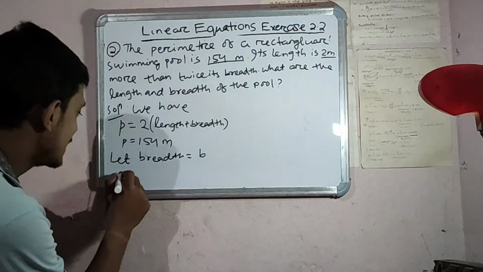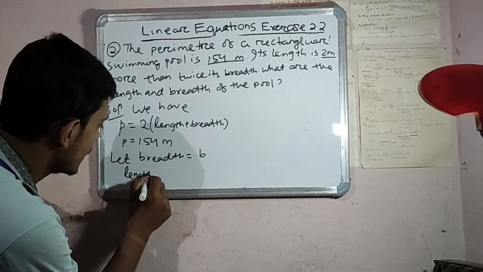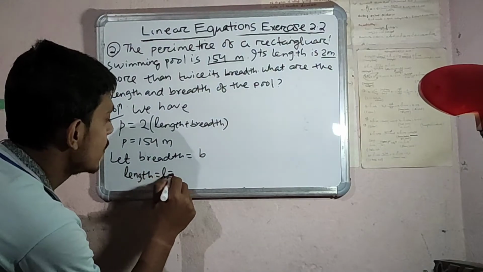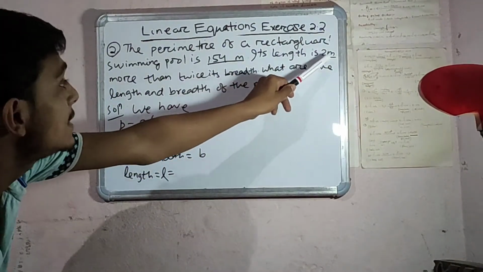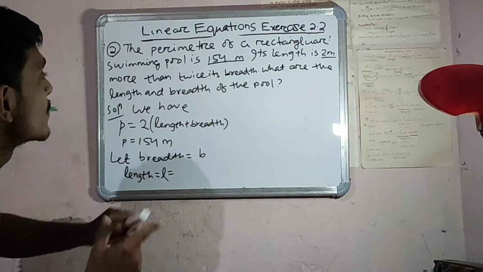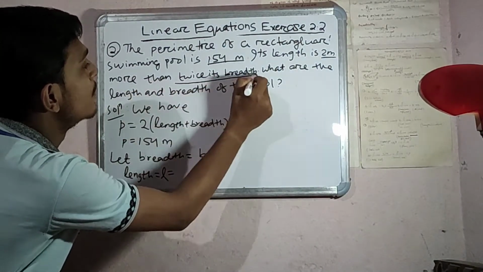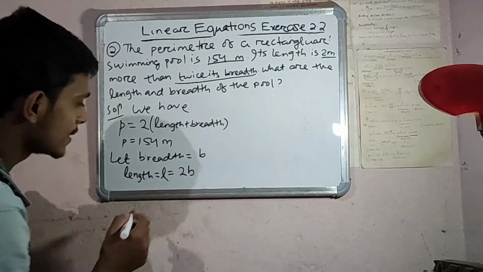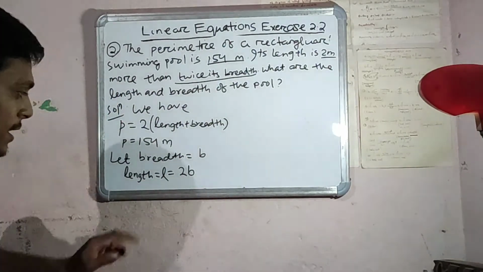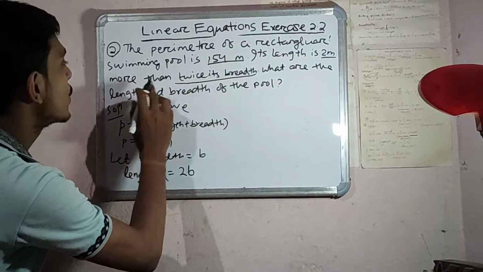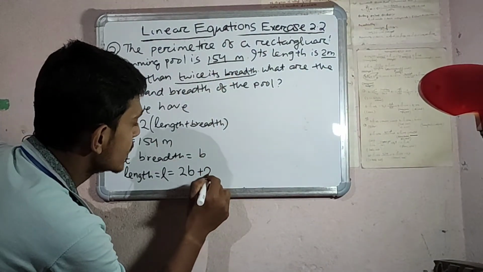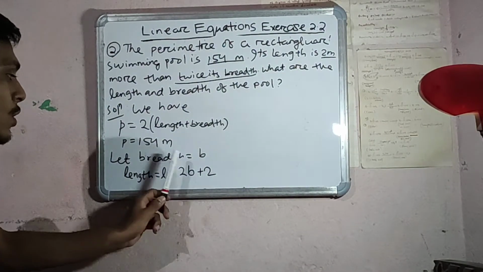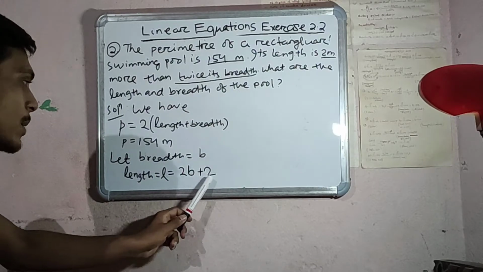Let length be L. L is equal to how much? Length is 2 meter more than twice its breadth. If the breadth is B, then twice it is 2B. Then 2 more than twice its breadth, so we can add 2. So length is equal to 2B plus 2. Breadth is B and length is 2B plus 2.